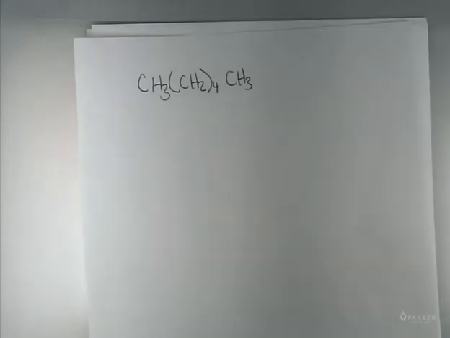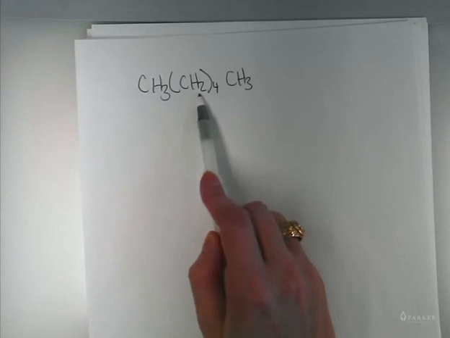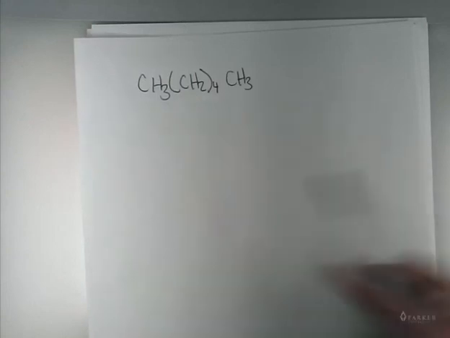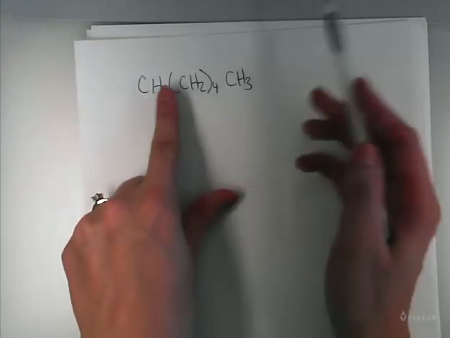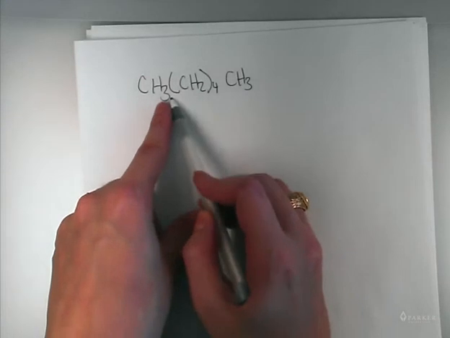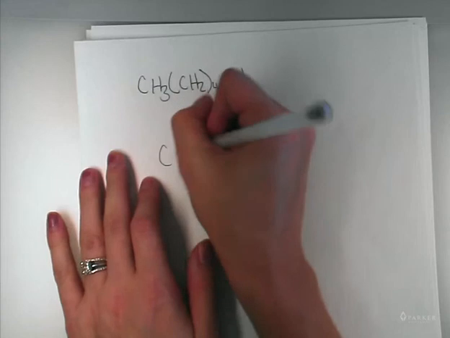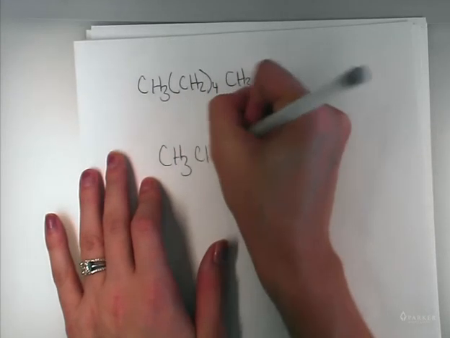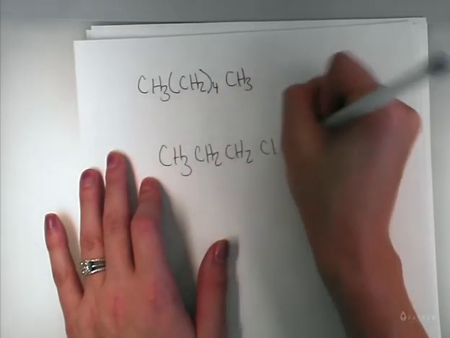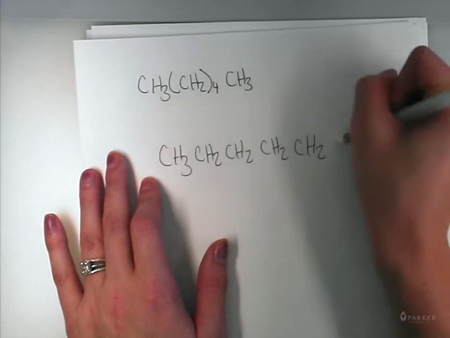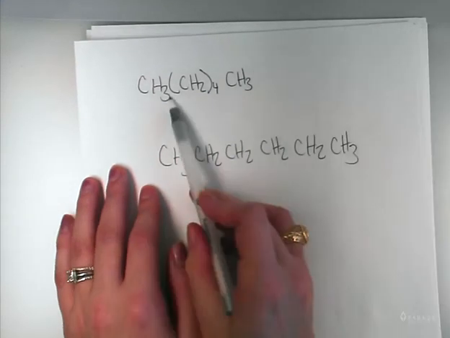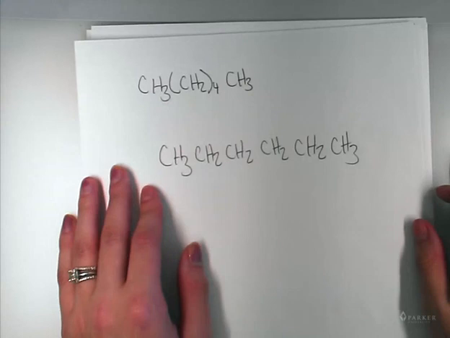The only exception is with CH2. Do you see that CH2 is by itself? And again, this is the only time it ever happens. This actually stands for 4 CH2s in a row. So it'd be like this: CH3, CH2, CH2, CH2, CH2, CH3. So it's basically saying you have 4 of those.